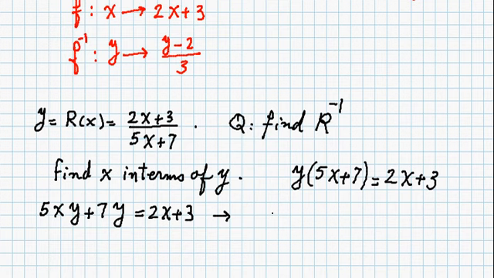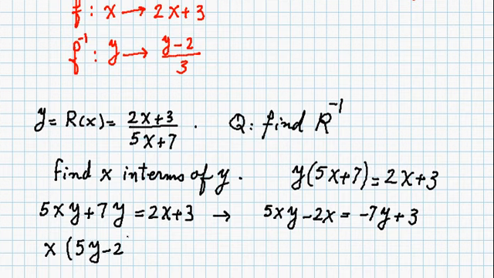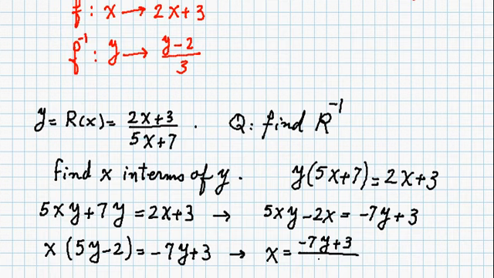Next, I bring all the x's to one side. 5xy minus 2x is equal to minus 7y plus 3. I factor the x. 5y minus 2, right hand side still minus 7y plus 3. Finally, I get my x. In terms of y, I have x is equal to minus 7y plus 3 divided by 5y minus 2.